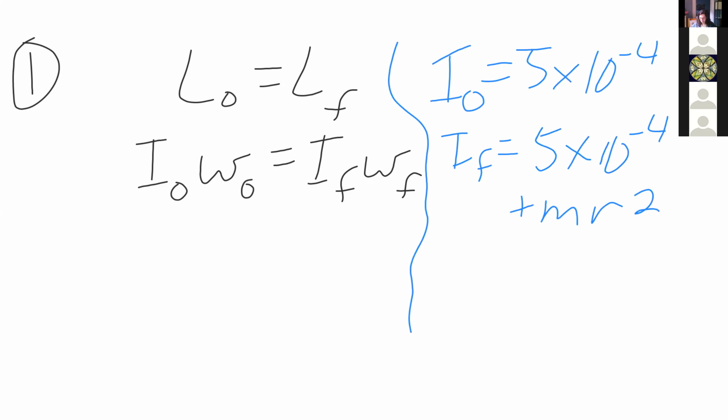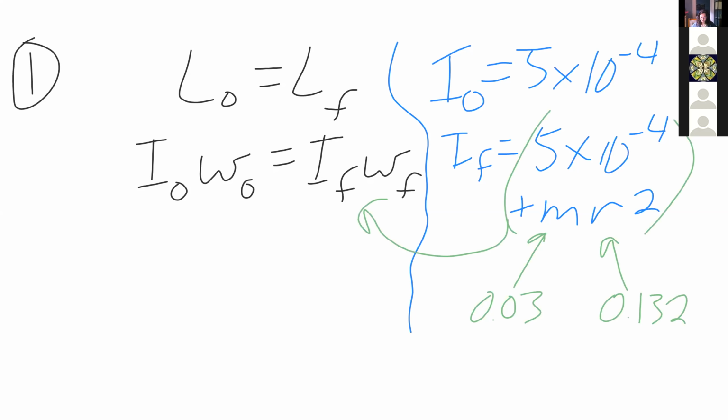As far as what you plug in for the mass, that's given to me. For mine, it happens to be 0.03, and r, the distance from the center of the record to the putty, is the radius of the record, since the putty's at the edge. For me, that's 0.132. You just plug those in, and that'll be your total final inertia. You plug that into the right side, and your initial inertia into the left side.